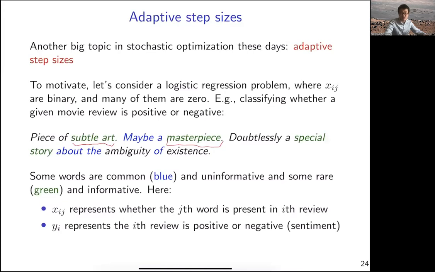Essentially you're weighting those features a lot more than the rare features, and the rare features are the very informative ones, like subtle art and masterpiece. Those happen much more rarely, but if not taken care of carefully, you will end up with an algorithm that doesn't put enough weight on words that appear only in the tails of the distribution.